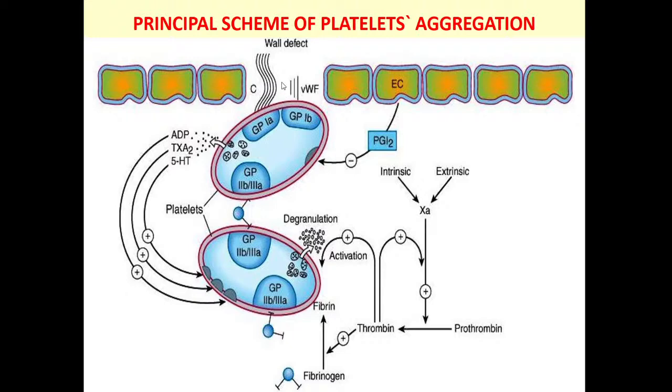In damage of the vessel wall, collagen protein and von Willebrand factor are released from the destroyed cells. Collagen interacts with platelet glycoprotein GP1A receptors.